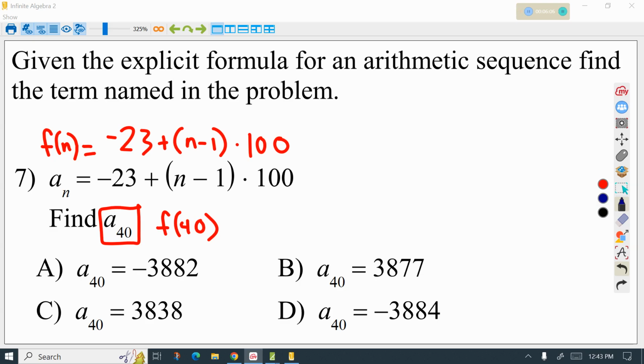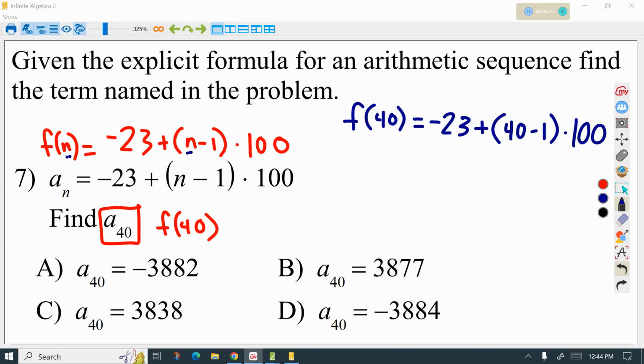So I want to find F of 40. What that means is I'm going to change this n into a 40. Again, I'm trying to get you guys to focus on those two n's both being n's. Okay, well now they're both going to be 40. So we've got negative 23 plus n minus 1, but the n is 40. So we've got 40 minus 1 times 100. This is negative 23. And then we calculate 40 minus 1 is 39.